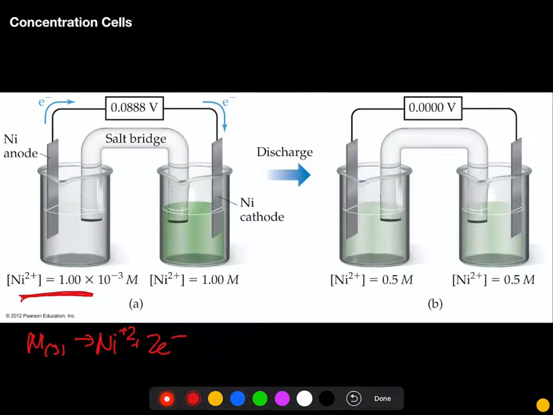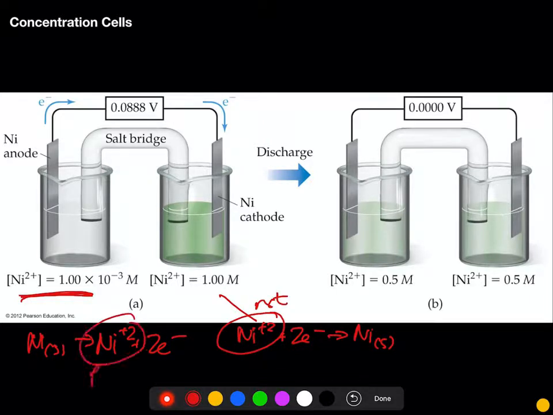Over here, where reduction is supposed to occur, we're going to take nickel plus 2 electrons to give us nickel solid, which means that we are going to consume those electrons there. So if we came up with an overall reaction, this would be my reactant, and this would be my product ions. Does that make sense?